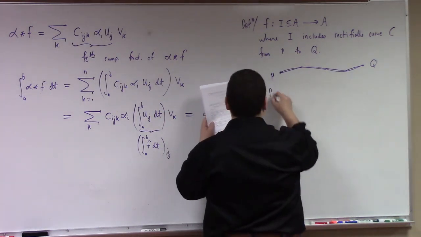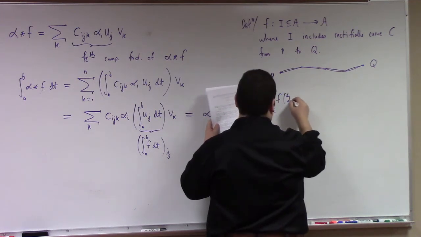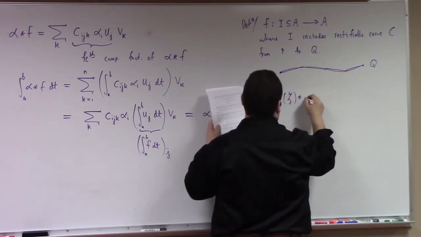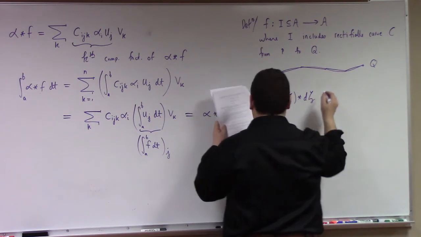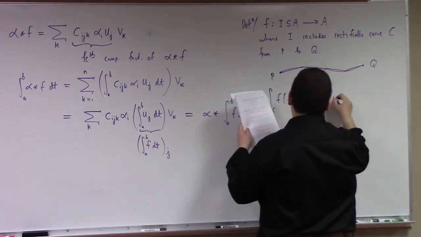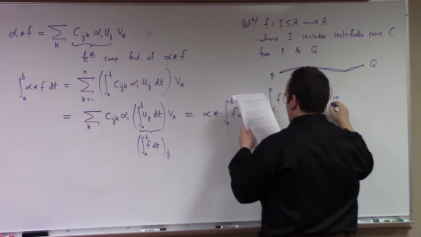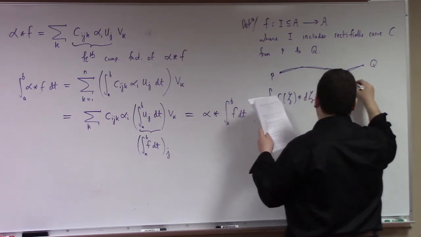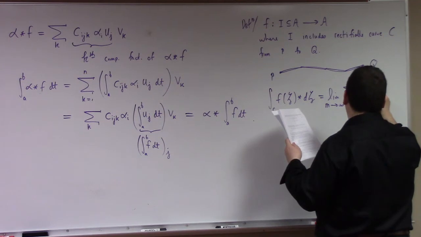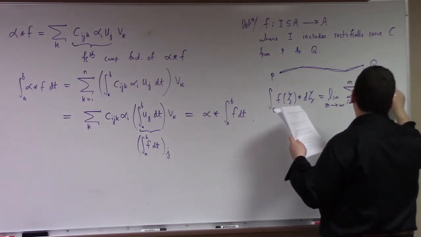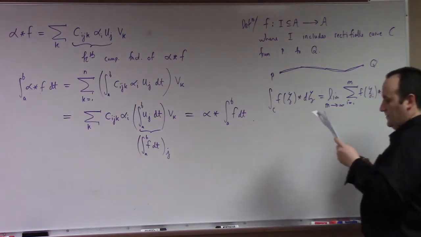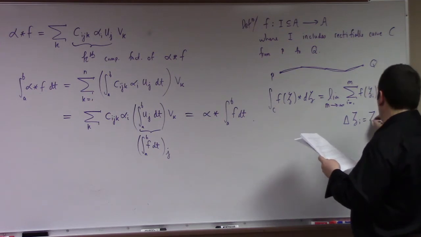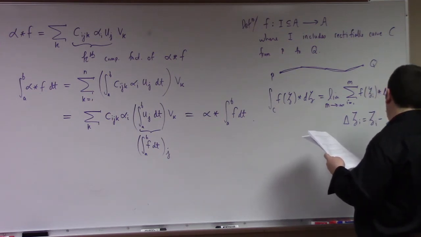And anyway, we define the integral over C of f of zeta, zeta, my nemesis, this is the algebra integral, f of zeta d zeta, to be the limit as m goes to infinity of the sum i equals 1 to m of f of zeta i star delta zeta i, where this delta zeta i is equal to zeta i minus zeta i plus 1.